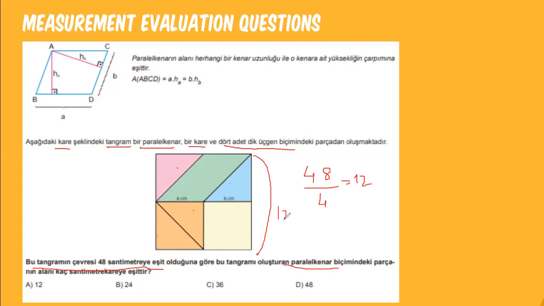And be careful, 6, 6. Okay, this shape is a square, so each side is 6.